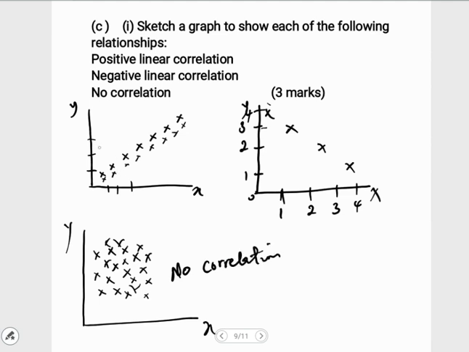For this, since we have it sloping from left up to the right, we have positive linear correlation.